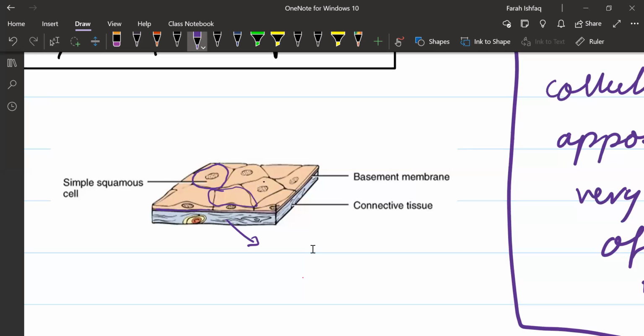So now if we see the squamous cells in the cut section profile, you can see that they are spindle shaped, narrow at the margins and bulging in the center. So this is the spindle shape.